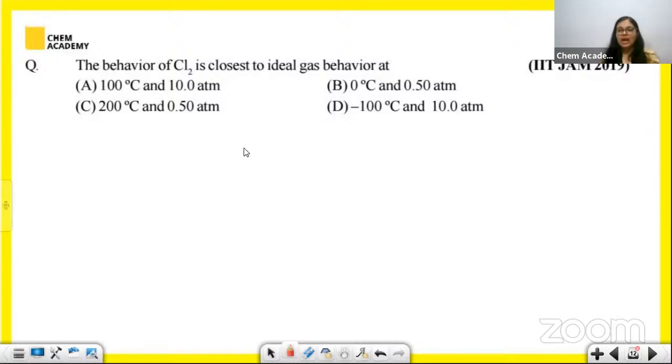So since we know that for an ideal gas, the conditions are high temperature and low pressure. We are well aware that an ideal gas is always considered at HTLP.